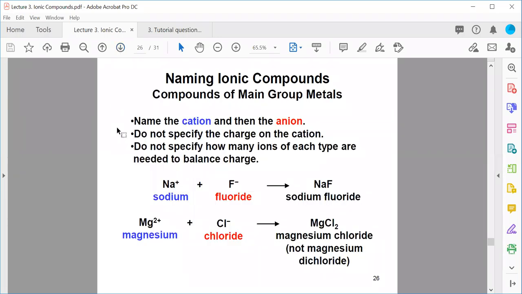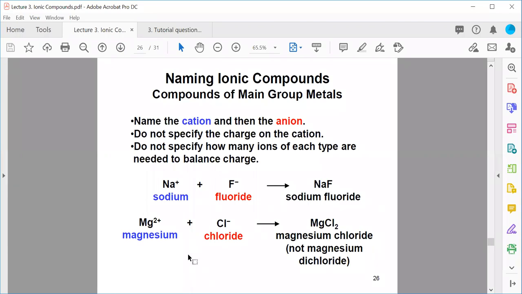All right, so let's look at naming ionic compounds, such as this one here, NaF, or this one here, MgCl2. So we name the cation, name the anion, and don't specify the charges. Single sodium, single fluoride, one of each required to form sodium fluoride.